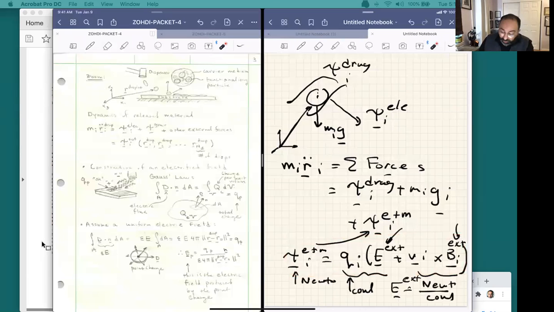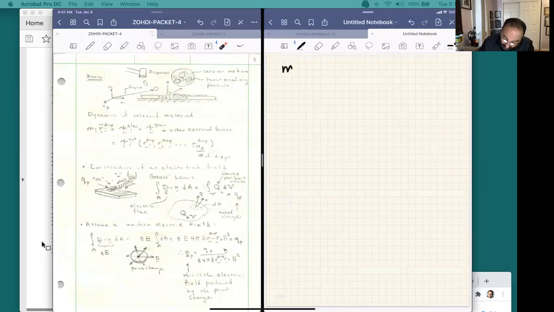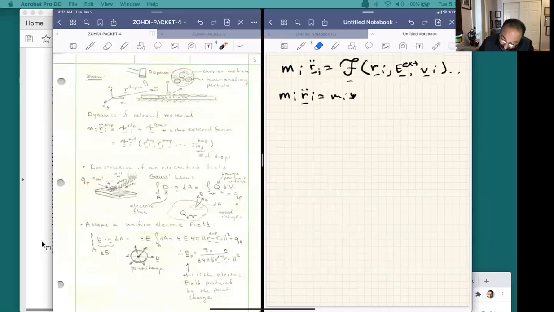The main point we have here is some kind of a differential equation, m r double dot i is equal to some function of a bunch of complicated stuff: the positions of the particles, the external electric and magnetic fields, the velocity of the particles, you name it. But we have something that comes to the rescue. It's called numerical analysis, which means that we're going to write this as m_i r double dot i, which is m_i multiplied times v_i dot, which is equal to the forces that are acting on the object.